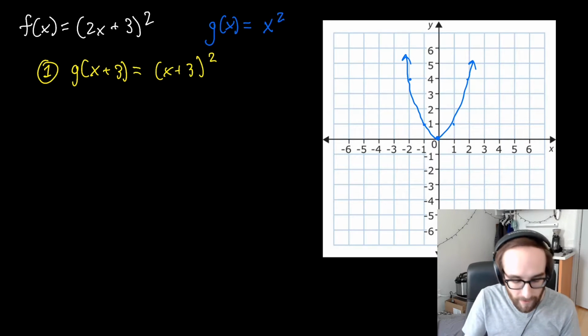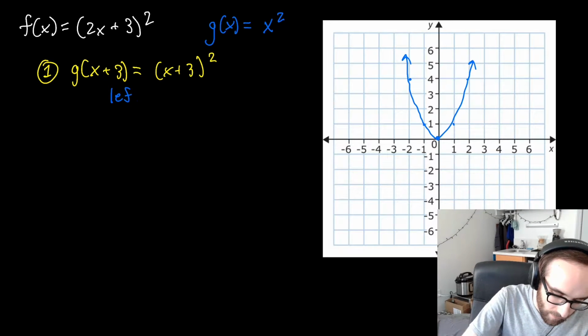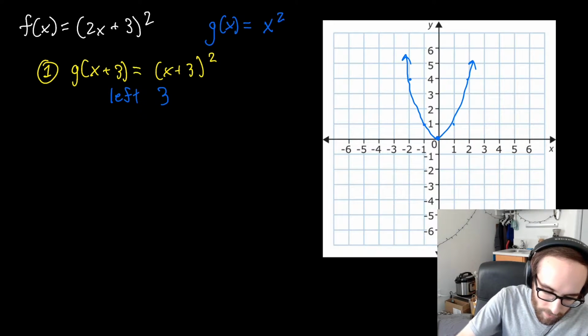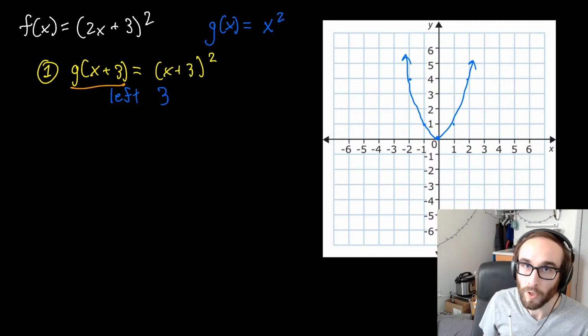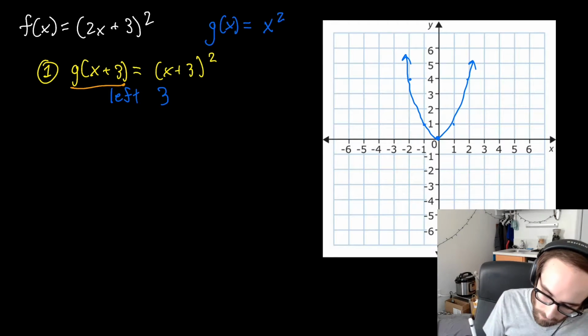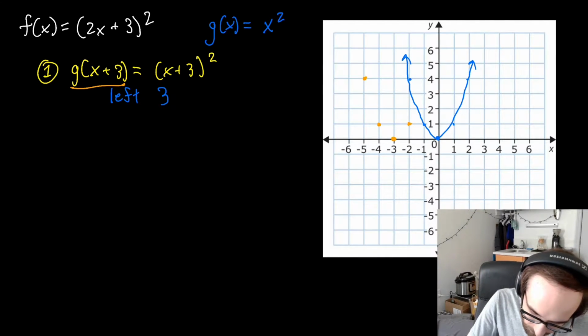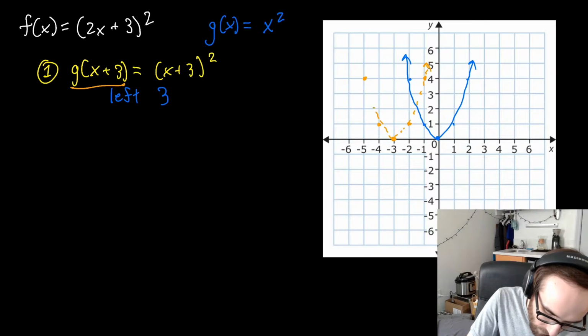We are first translating to the left 3. So our first transformation is going to be to push the graph to the left 3. So we'll end up at negative 3, 0, negative 2, 1, negative 4, 1, negative 5, 4, negative 1, 4, and so on. So here's our first transformation.